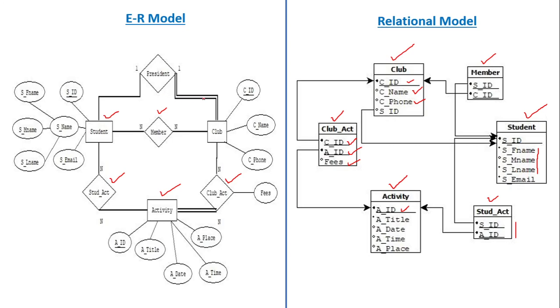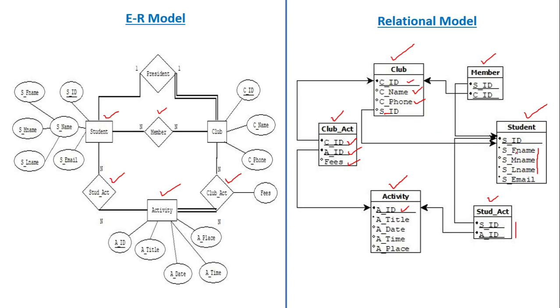So as we have this total participation, it is a good idea to add the primary key of the student relation into the club relation. Every club has a president, and the president is nothing but a student, correct?